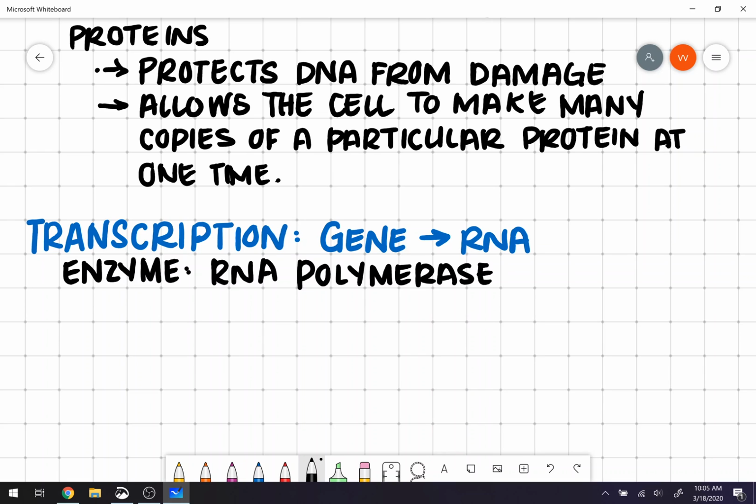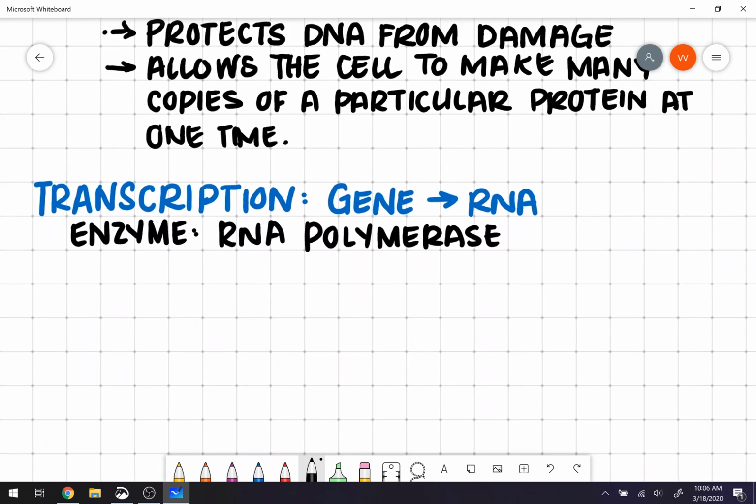Remember from when we talked about DNA replication, when we need to copy DNA, in order to get to that DNA, all of that DNA has to be untwisted and unwound before your DNA polymerase can come in and start to make the complementary strand, the other half of that DNA molecule. Well, with transcription, RNA polymerase is going to do the job of both at the same time.